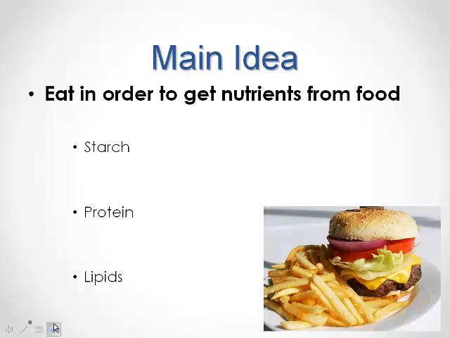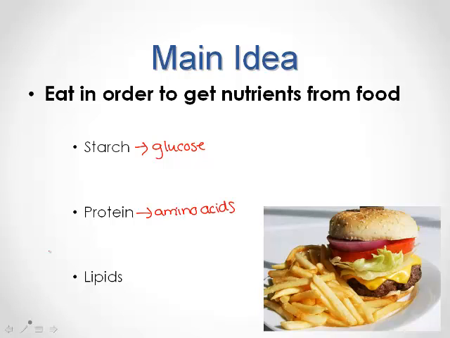So 3 types of macromolecules that we're going to talk about are starch, like our hamburger bun. Starch is going to be broken down into glucose. And then we have protein, like in the meat of our hamburger. It's going to be broken down into amino acids.